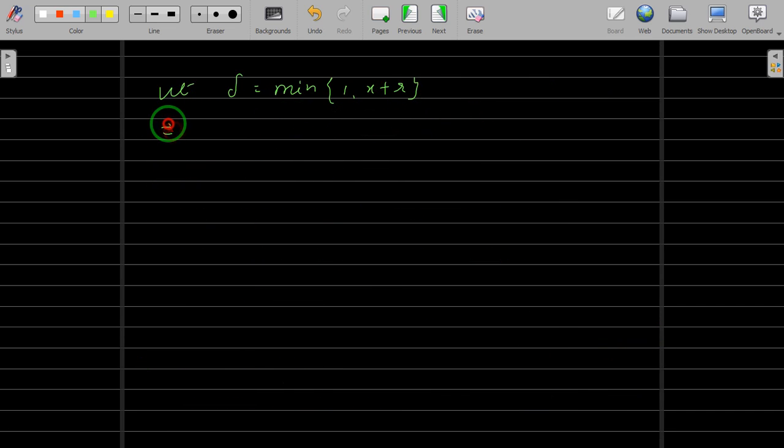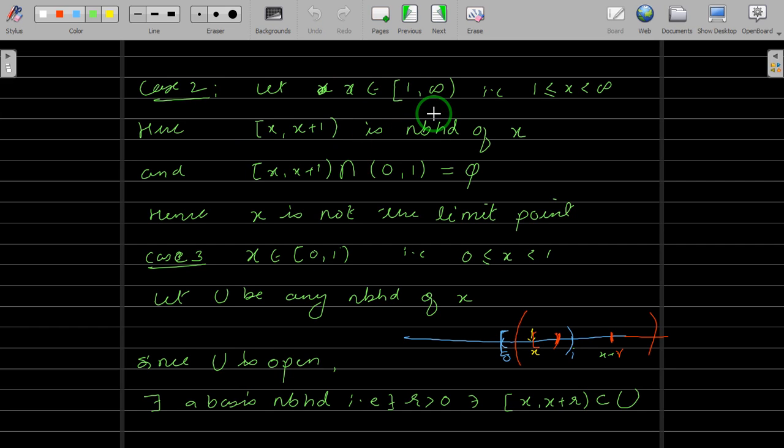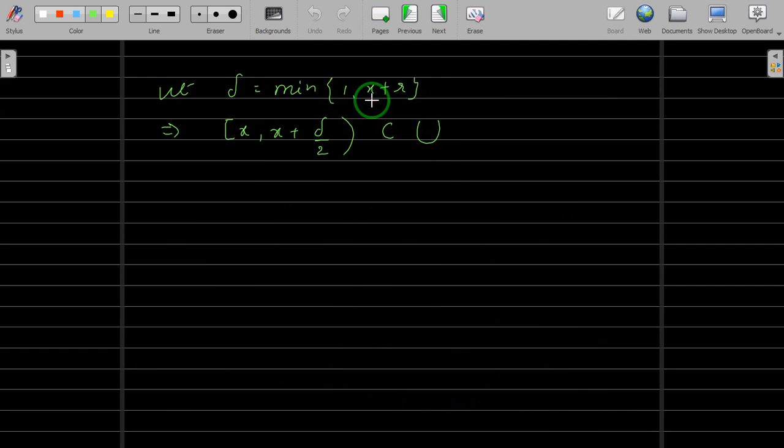This implies take this (x, x plus delta), or let us take delta by 2, half of it, take the open interval, that will be inside U. Because if you are taking the minimum, if 1 is greater, then you are taking x plus r as the minimum, and if x plus r is greater, then you are taking 1 as the minimum. So of course this will be inside U.